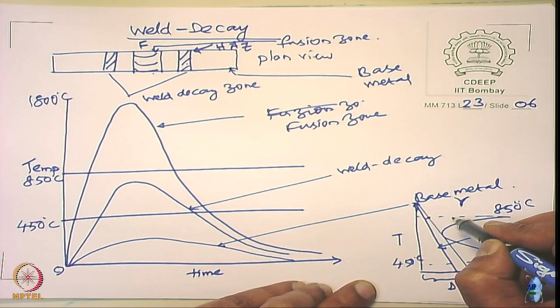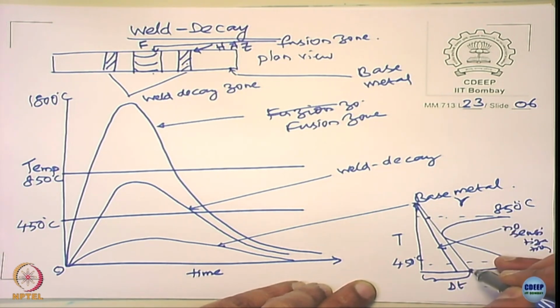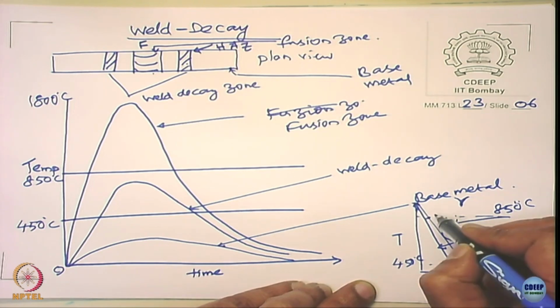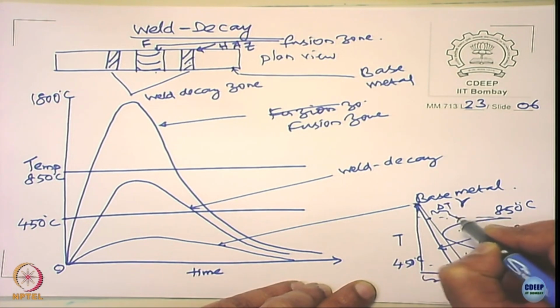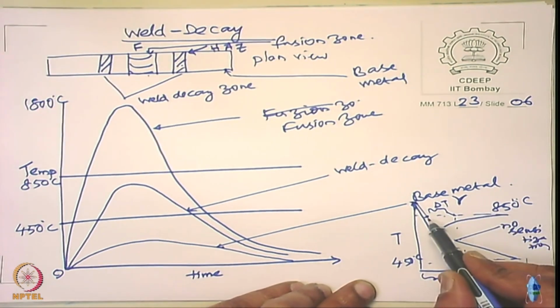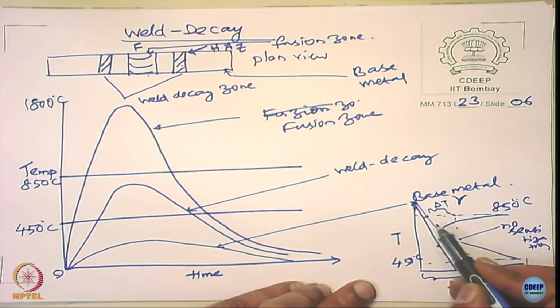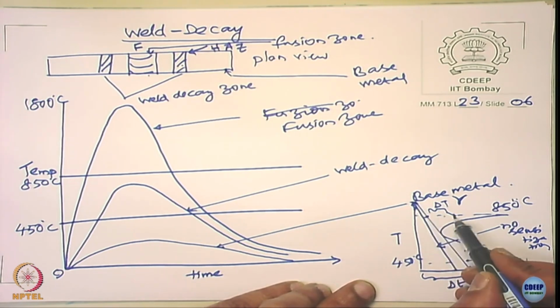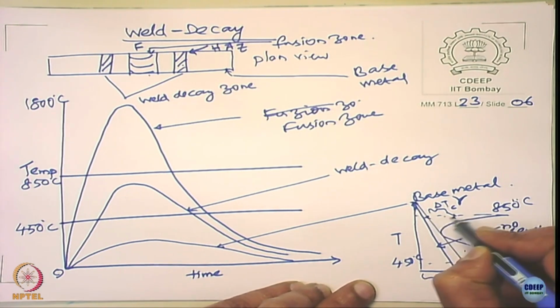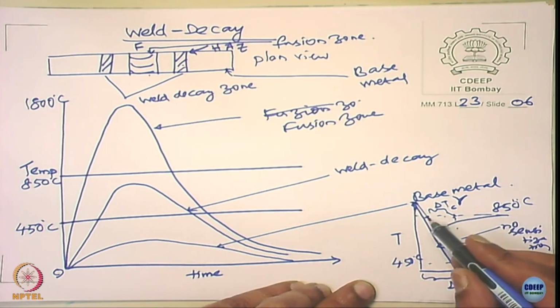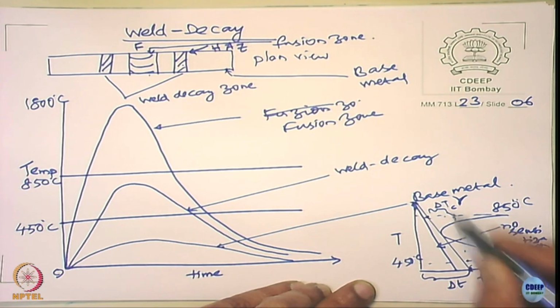This is the time. In fact, a more appropriate way of talking about it is this delta T, I hope you get it. Time taken starts from here up to this temperature is no problem, after that it starts. So this is the delta T critical, the critical time required to avoid sensitization.